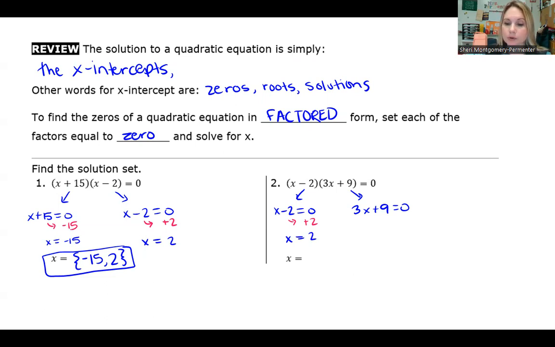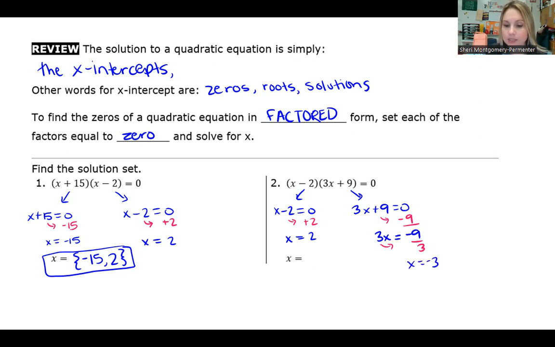On the right, what do we do first? What's my next step? We have a quiz coming up. What do we do next? Very good. Divide by 3, and yes, that is correct.